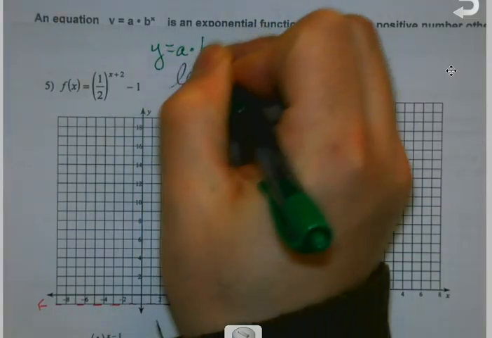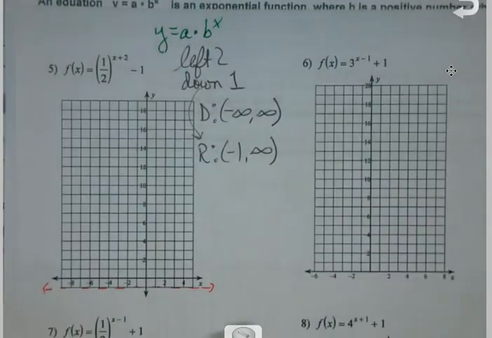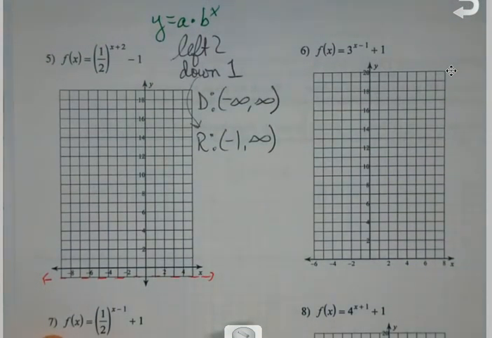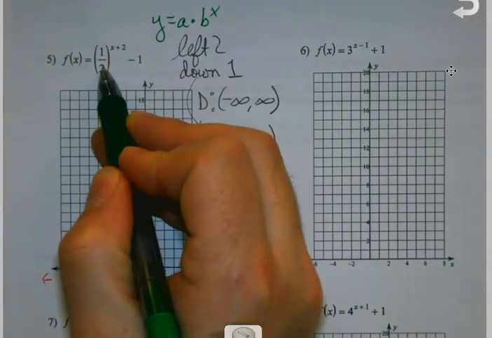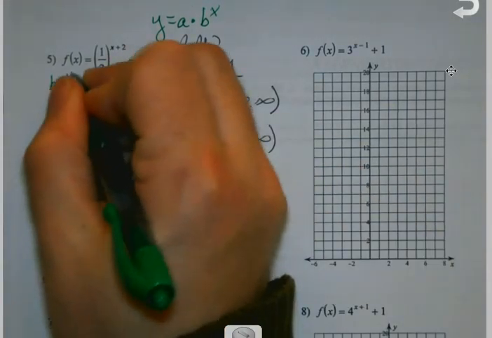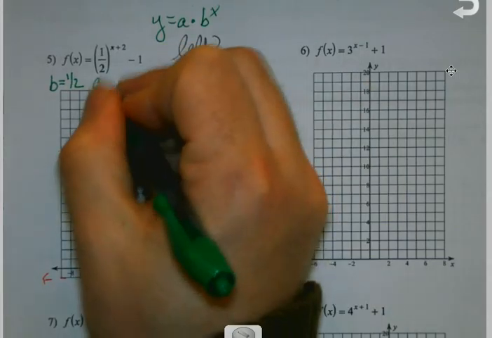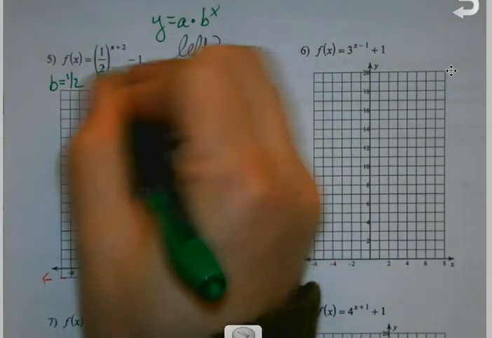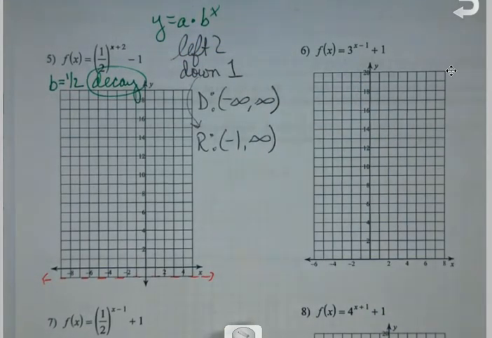Yes, because when I'm trying to figure out if it's growth or decay here at the beginning, I'm looking strictly at that value that I'm taking to the exponent. So here, since my B value is 1/2, this is going to be decay. The shifts and things don't make a difference on that. That B value, that value that I'm taking to the exponent, is the entire thing that determines whether it's going to be growth or decay.